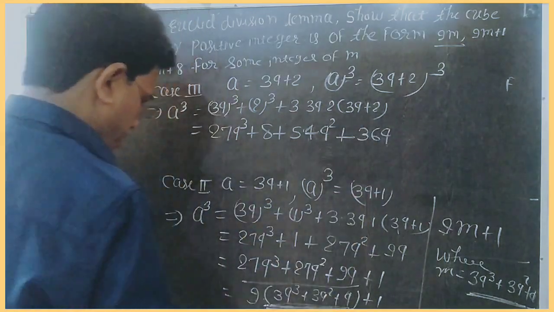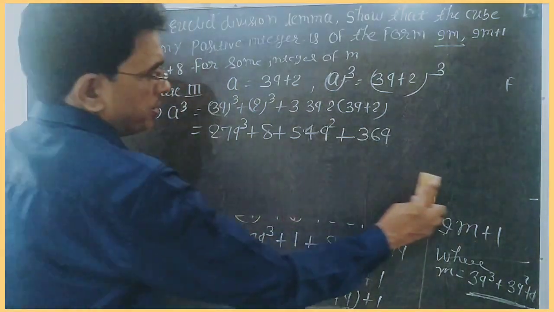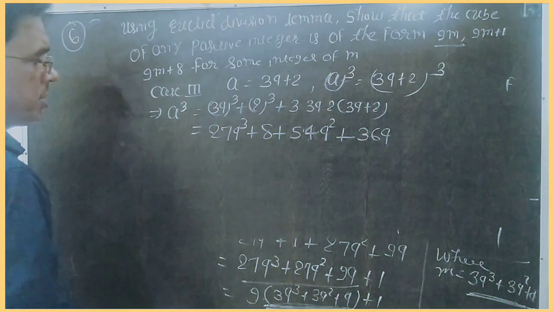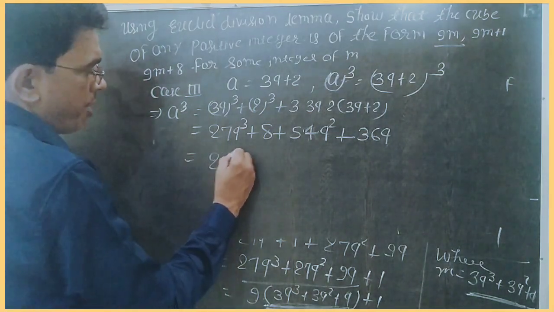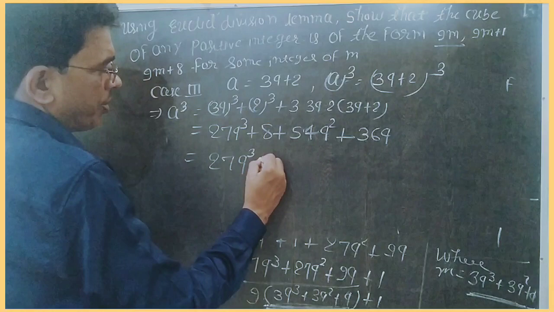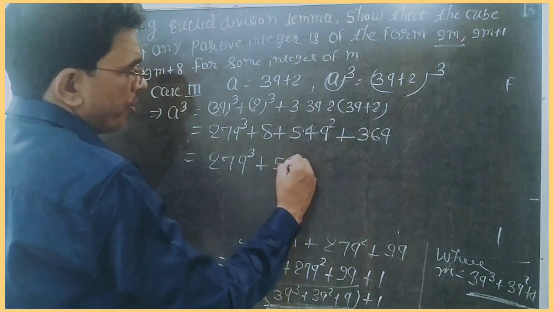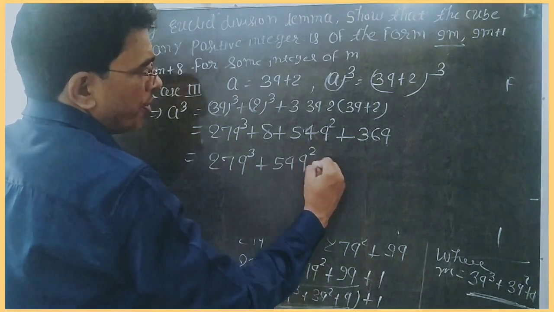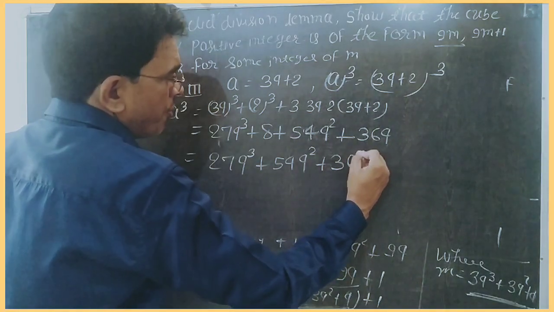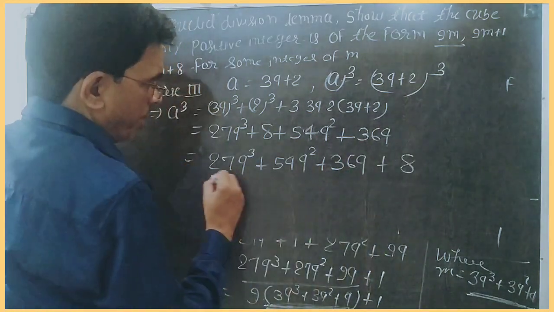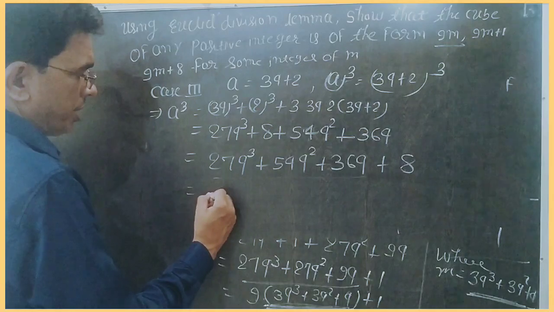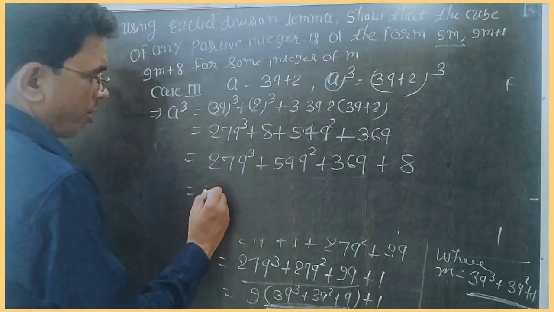Now arrange it: 27q cube plus 54q square plus 36q plus 8. What is common? That is 9. You take 9 as common.